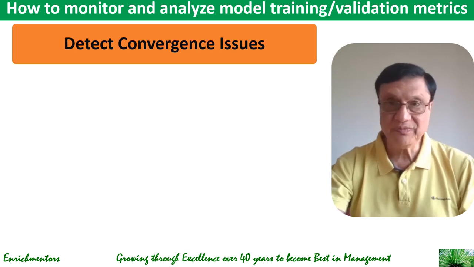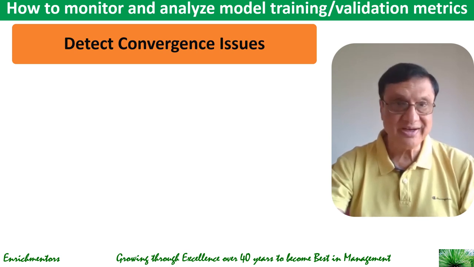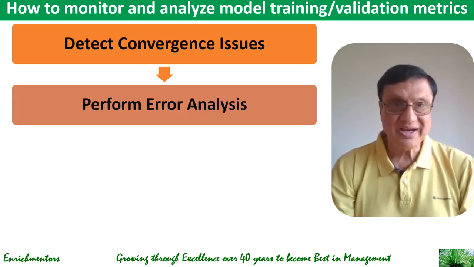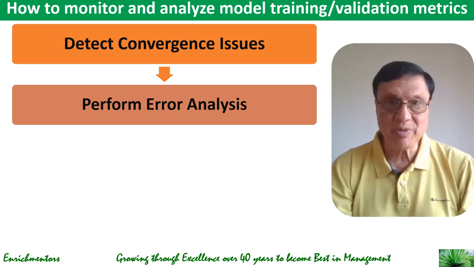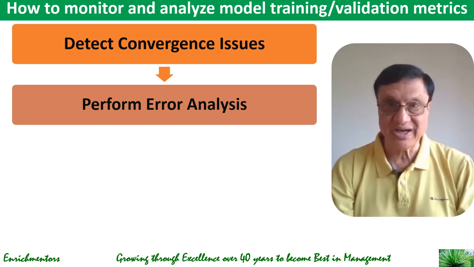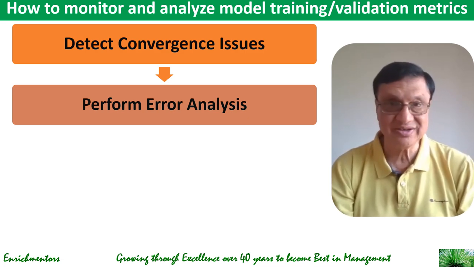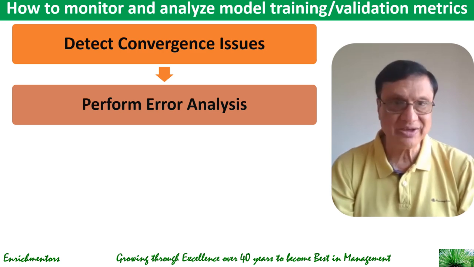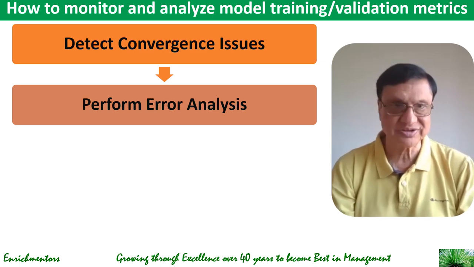Then you perform error analysis by analyzing individual instances where the model makes errors or makes predictions with high uncertainty. Examine misclassified samples, outliers, or instances with high prediction errors to identify patterns or common characteristics.